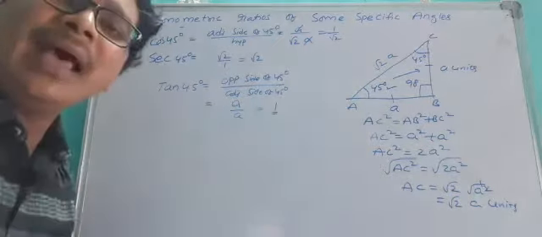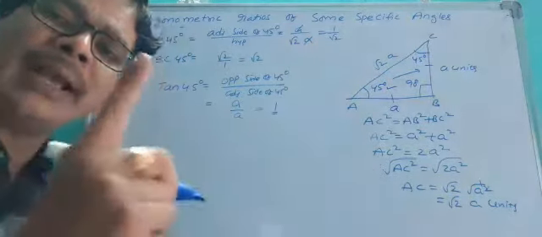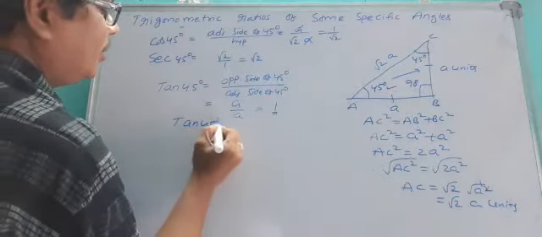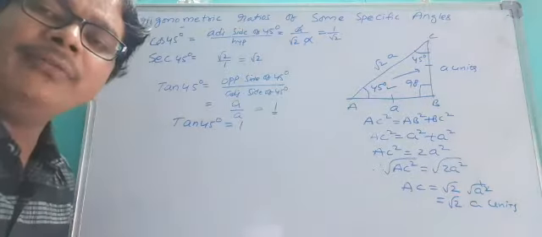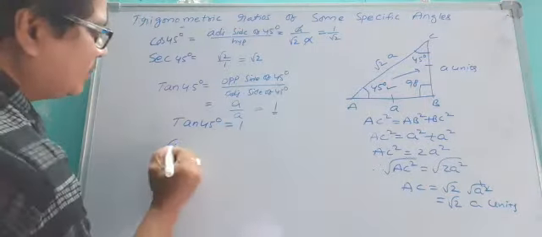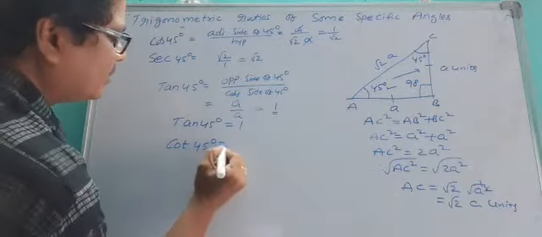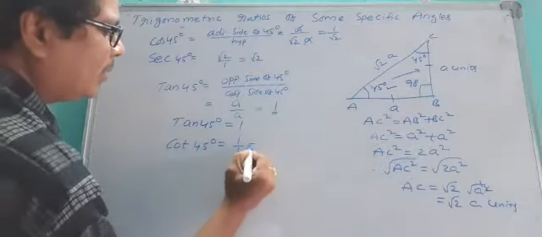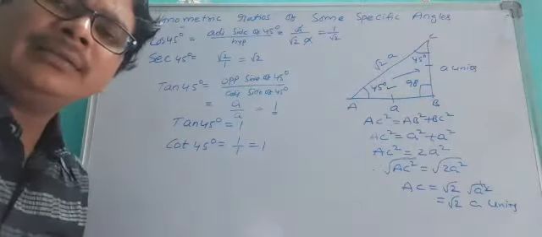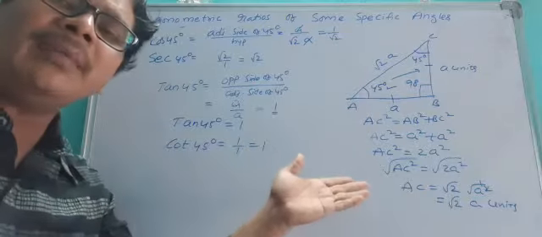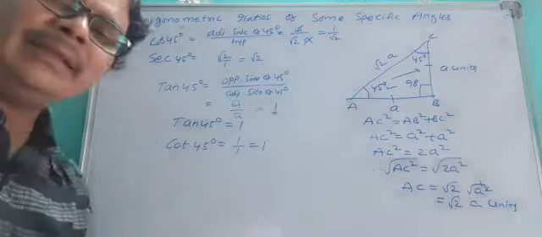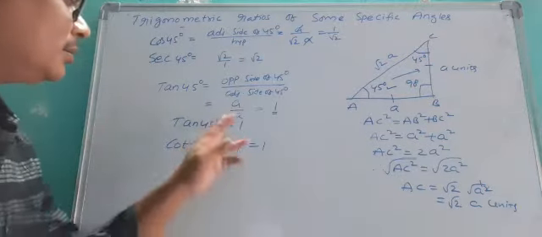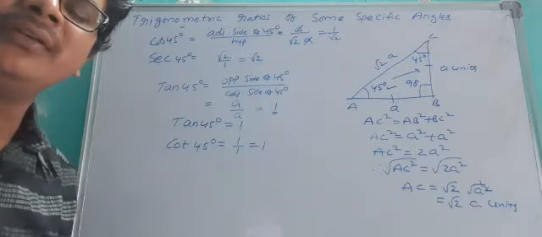So the value of tan 45 equals 1. Now we have to find the cot 45 value. Cot 45 means simply write the reciprocal, 1 by 1, the same 1. Tan means opposite side by adjacent side, cot means adjacent side by opposite side. So tan 45 and cot 45 are also 1.